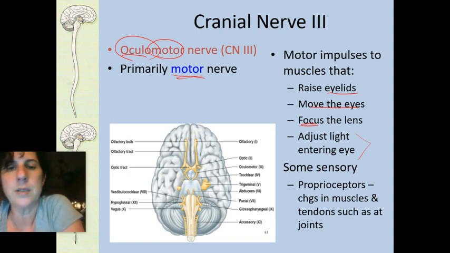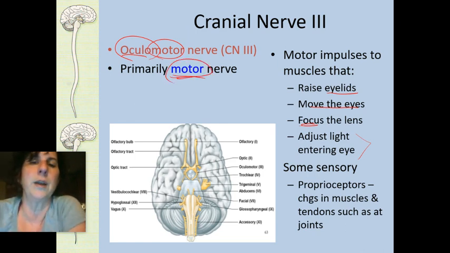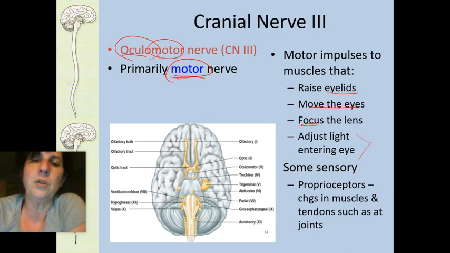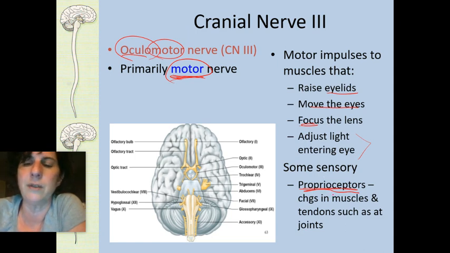Now, there is one thing I want to say. Even though I say it's motor, right? No nerve is completely motor, because remember, motor is saying I want to move a muscle. And if I want to move a muscle, I really need to know how much tension that muscle is right now and, in this case, where my eyes are. Are they looking to the side, up, down, or whatever? I need to have that information. So even though you have something that's a motor nerve, we're also going to have a little bit of sensory information coming in from every motor type of information that's going out.